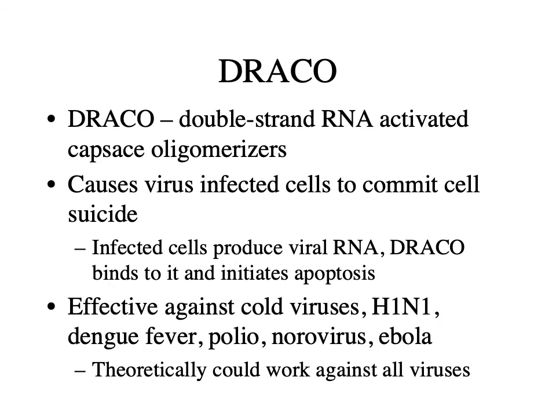Also, I'm just going to put this out here, some other exciting possibilities that are not yet in your book. Draco basically is a drug that tells virus infected cells to kill themselves. I just think this is cool. Your cells all have a suicide program, and sometimes, when things get bad, they trip this suicide and then they're done. They don't have any more virus being replicated inside of them.